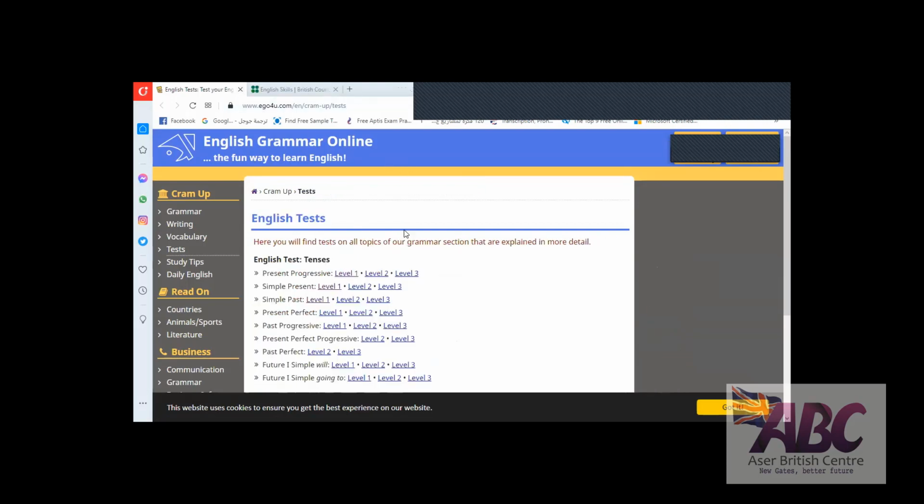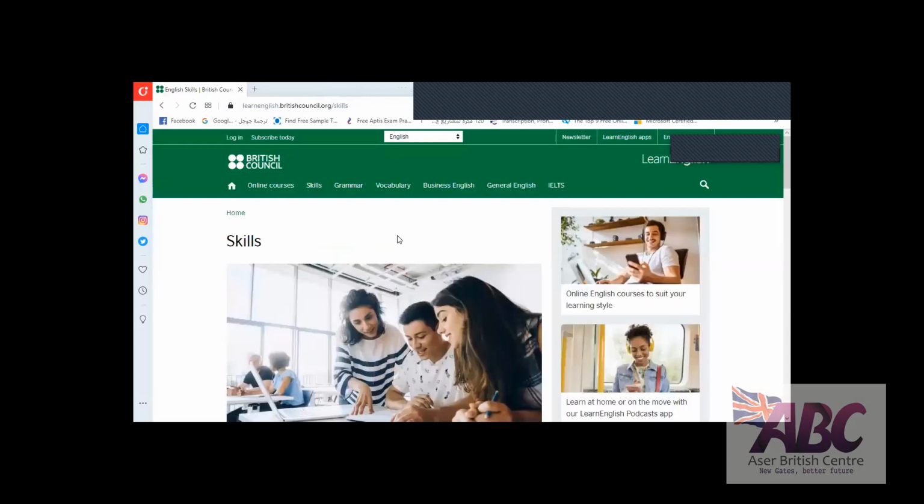Next, you can also use this website if you want to improve your students' skills. It's a British Council website used for skills, and you'll find each skill separately here.